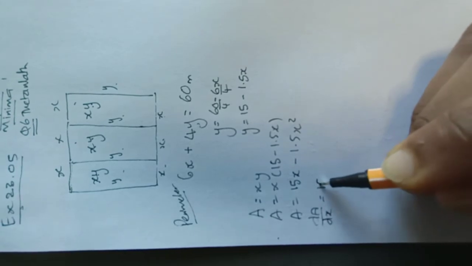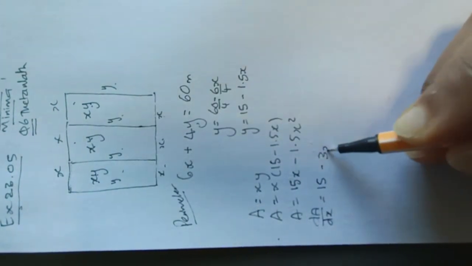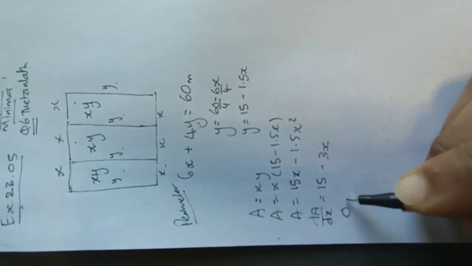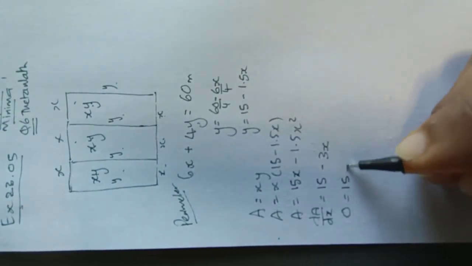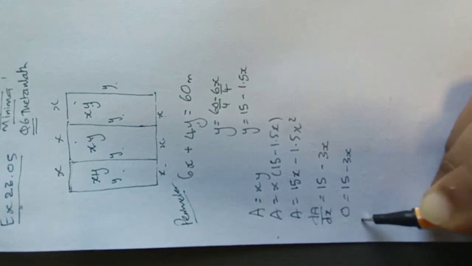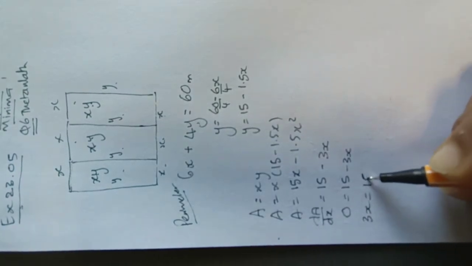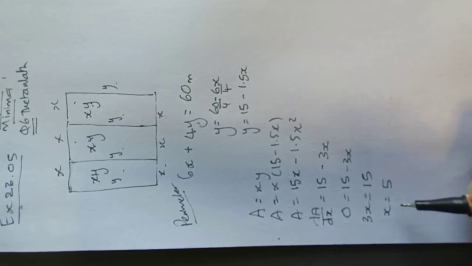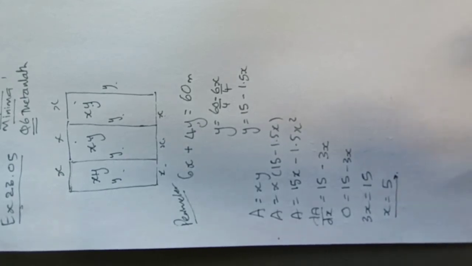So we end up with 15 minus 3x. And once we make this equal to 0, we can then get x to be 5.